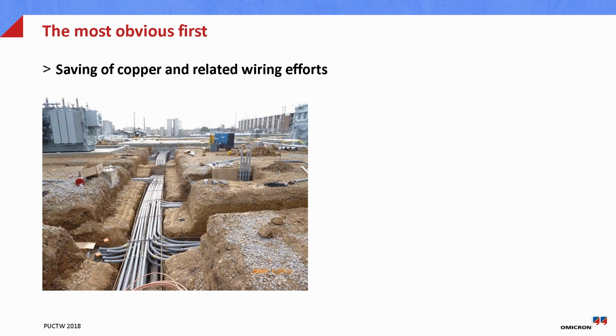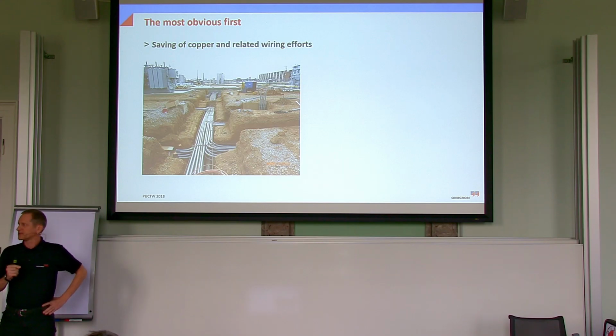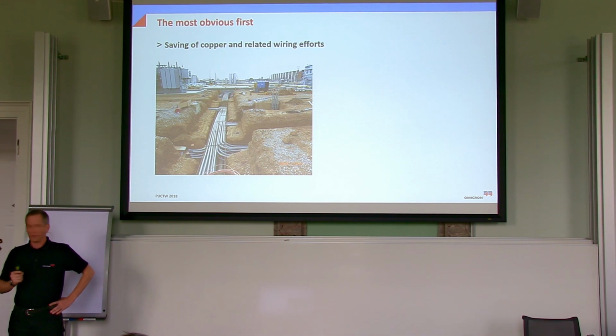And even if it is nicely and properly done, it's still a lot of work and a lot of copper that is buried. And I heard it from a guy here in Germany, which is recognized as a very civilized country. He told me that they have ordered twice as much copper as they really use because half of it is stolen.